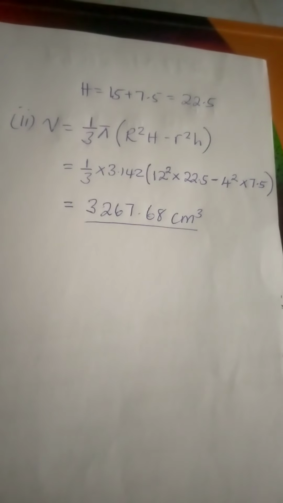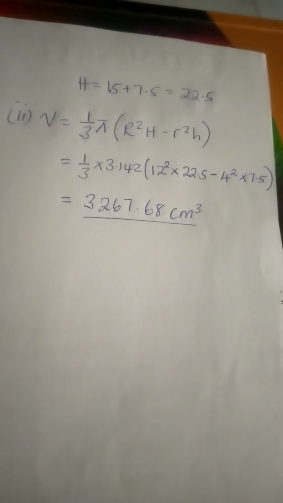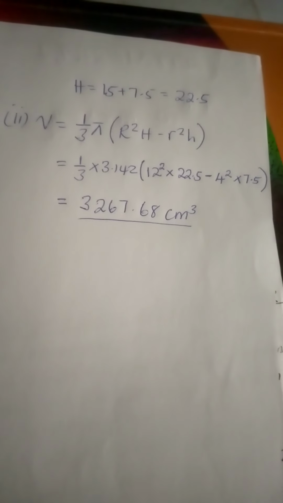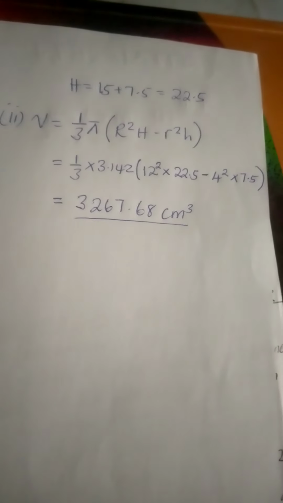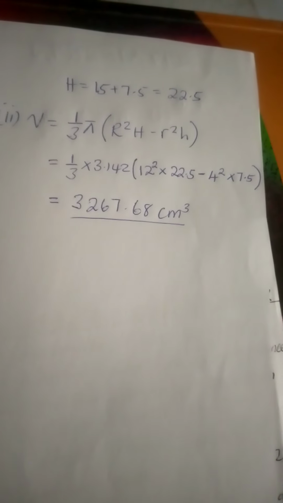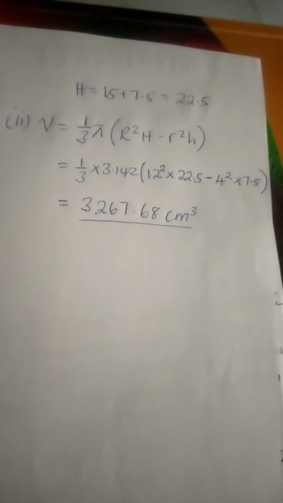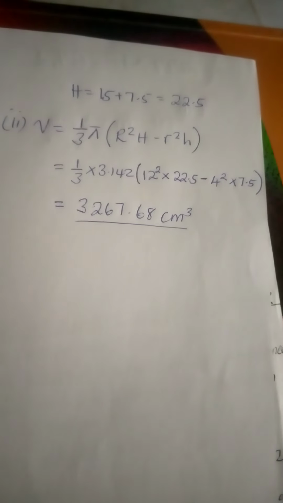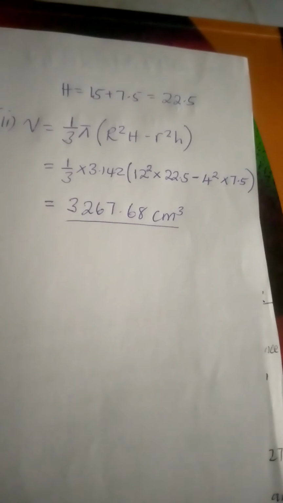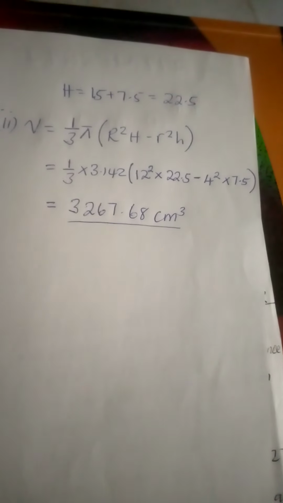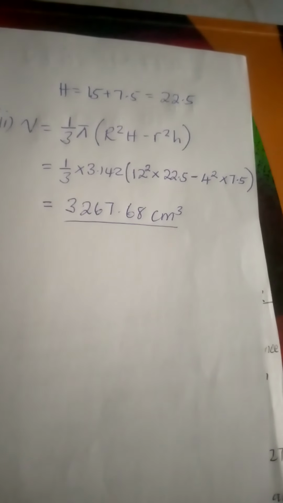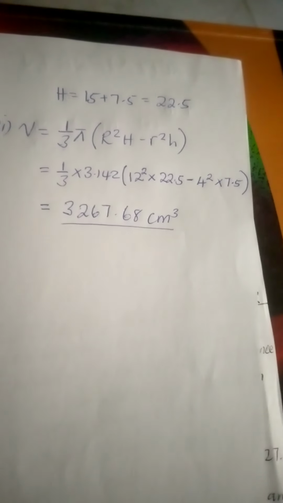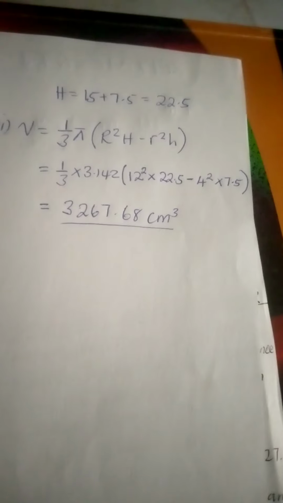Okay, to answer question A2, since we know the entire height is 15 plus 7.5, which is 22.5, we are going to use the formula now for the cone, which is 1 over 3 pi r squared h. Now we are going to find that there is the cone which is existing there and the cone which was cut. So we are going to subtract the small cone from the larger cone.